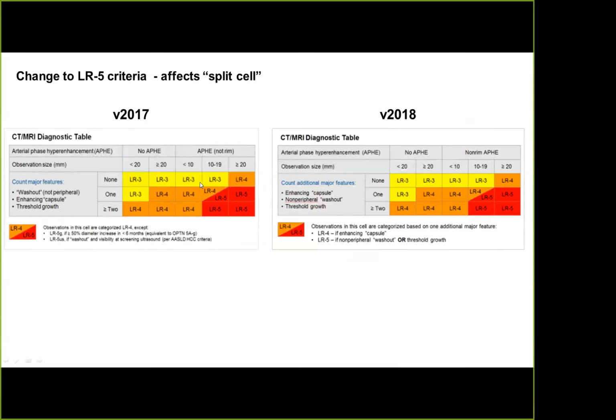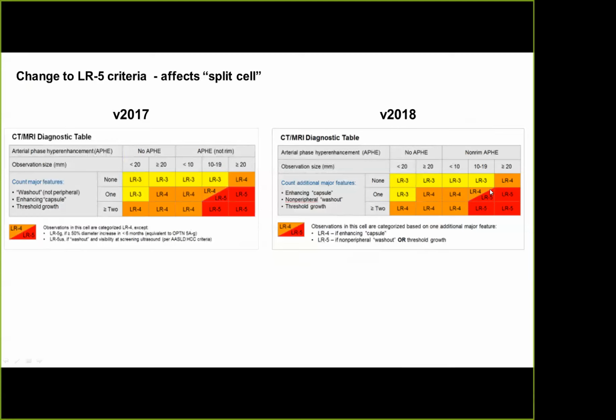So previously, most of the lesions in this cell would be categorized LI-RADS 4 unless they had ultrasound visibility, in which case they would be concordant with the prior AASLD HCC criteria, or if they had a 50% diameter increase in 6 months, they were 5G. So again, these are no longer the criteria.